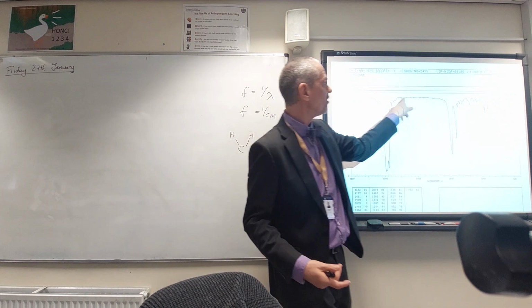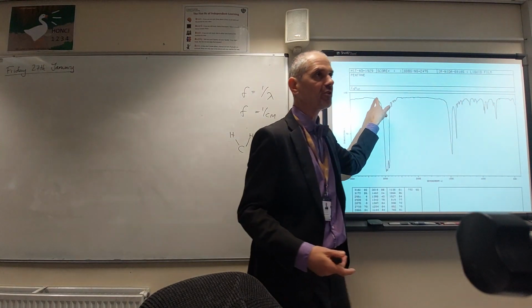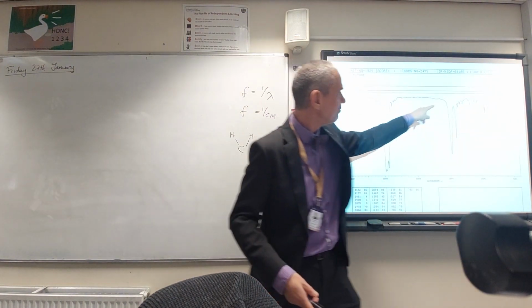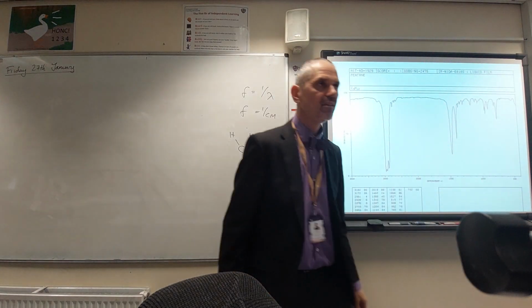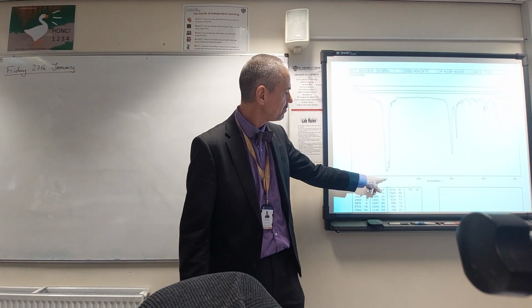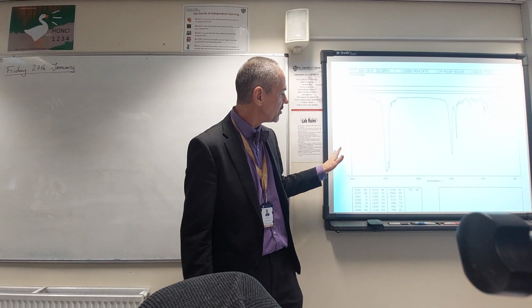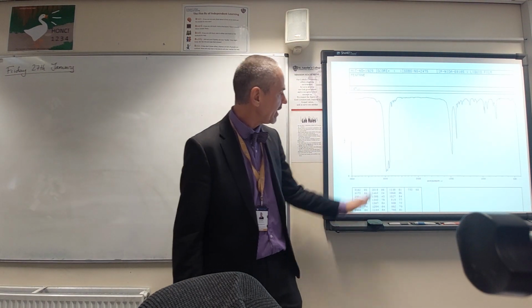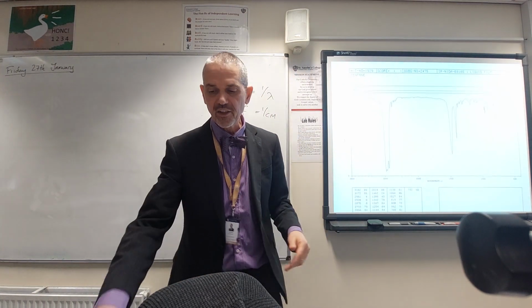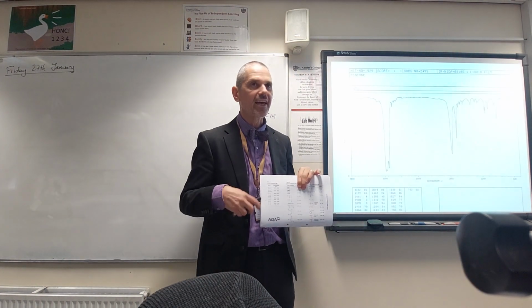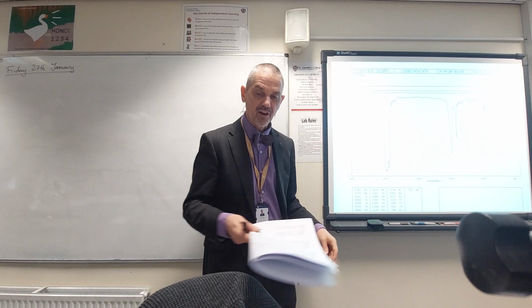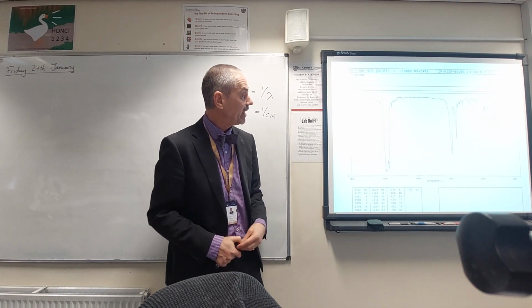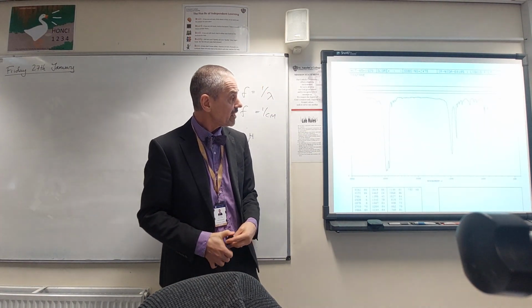So this line along the top is most of the light going through the sample, and then it's getting absorbed in very particular places. So these are absorptions. All we need to do is look along the bottom here, see the peak and read it off, and then you can look it up on the table you get given in the exam and find the frequency or the wave number for that peak and identify it.